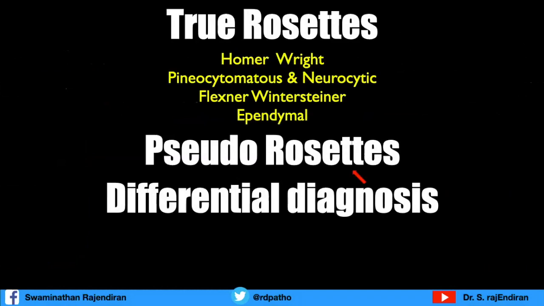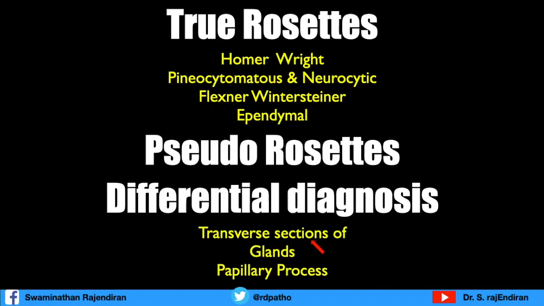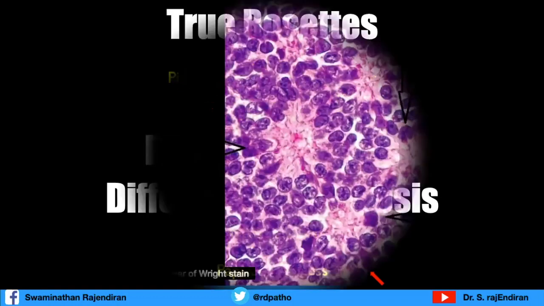The common true rosettes which we see are Homer-Wright rosettes, pineocytomatous or neurocytic rosettes, Flexner-Wintersteiner rosettes, and ependymal rosettes. The differential diagnosis is transverse section of the glands and papillary processes. Further down this video, let us see one by one.